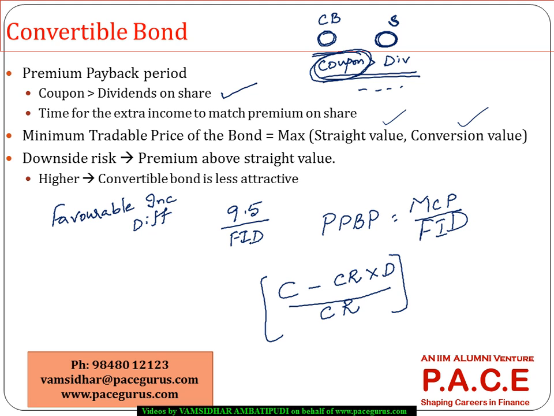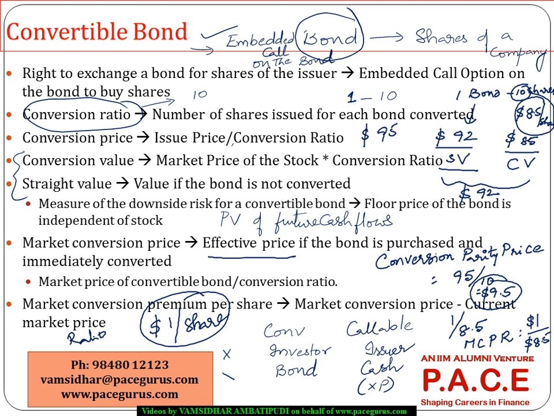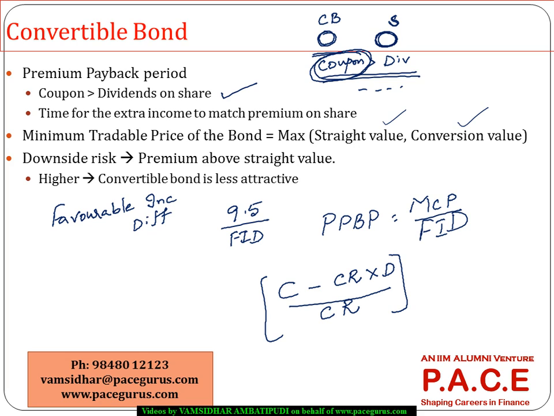So in any case, let's say for this example, when I said that 92 is the current price, I need to understand what is the coupon from that particular bond and what is the dividend.